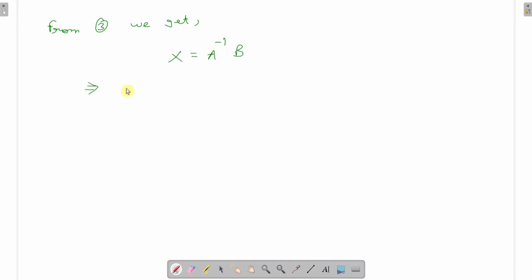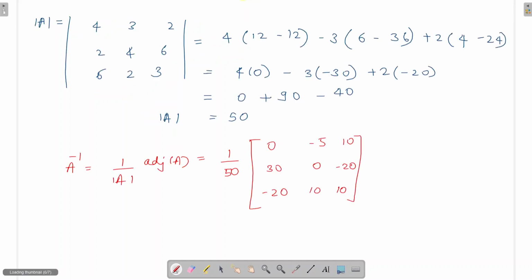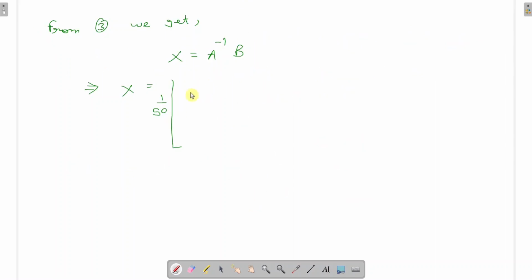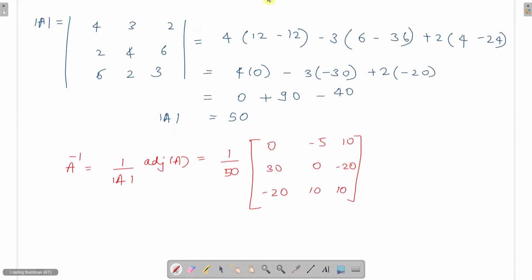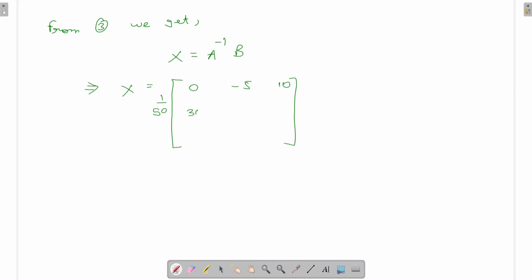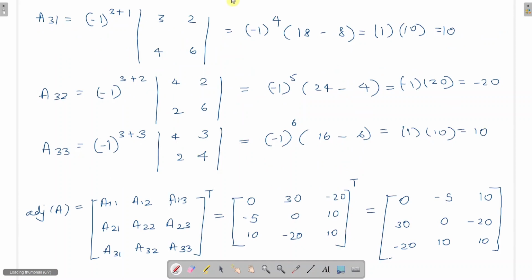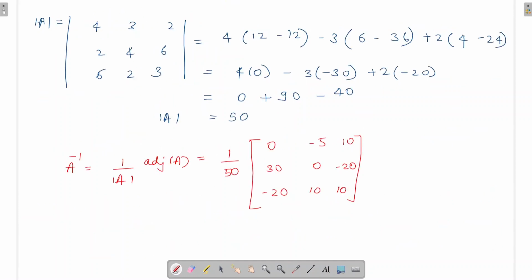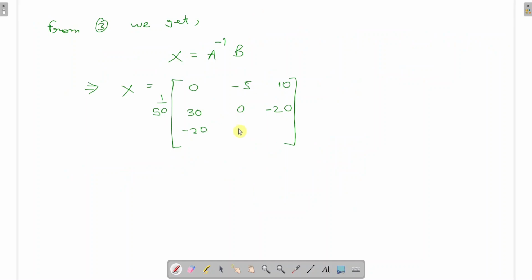So that means X is equal to A inverse, which is 1 by 50, 0 minus 5 10, then 30 0 minus 20, and minus 20 10 10. And B, we have to write it here.